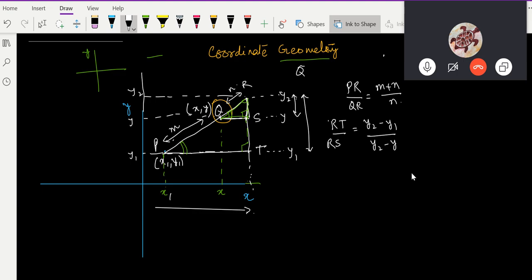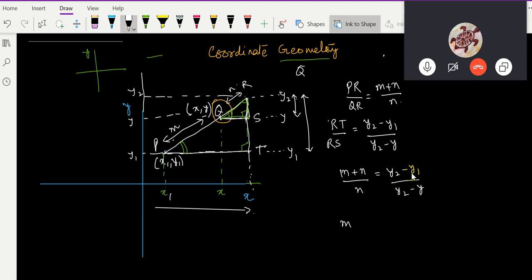So now let us equate these two. So m plus n over n is equal to y2 minus y1 by y2 minus y. So we can cross multiply directly.